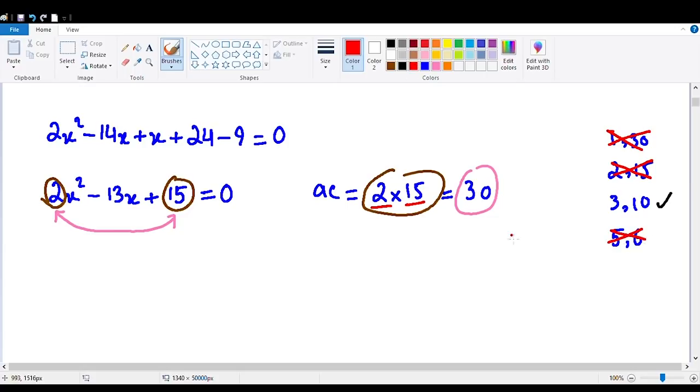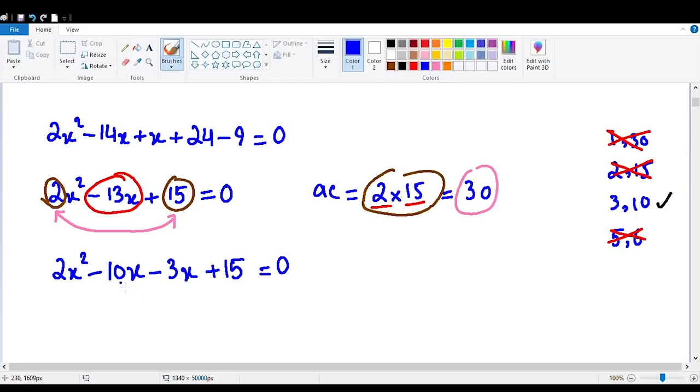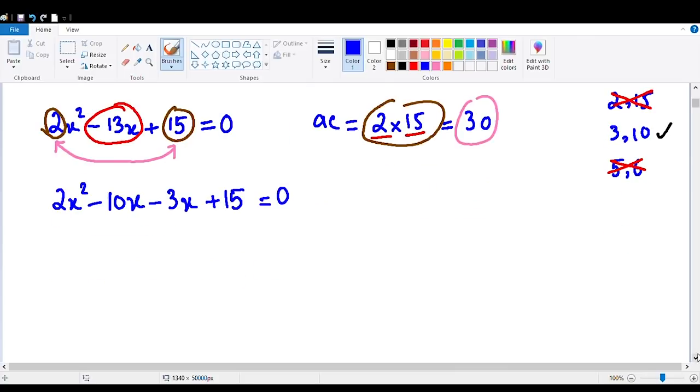So we're going to split minus 13x, which is the x term over here, into minus 3x and minus 10x. So we'll get 2x squared minus 10x minus 3x plus 15 equals 0. It doesn't really matter which way you write it, if you write minus 3 first or minus 10. I just wrote minus 10 first. And you can take 2x common from here, and you get x minus 5.